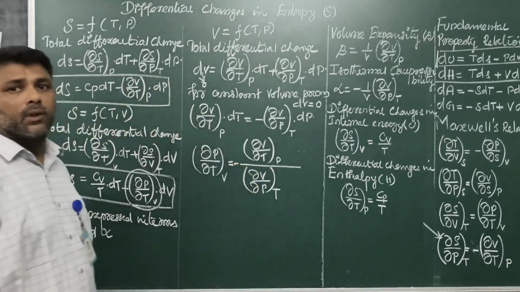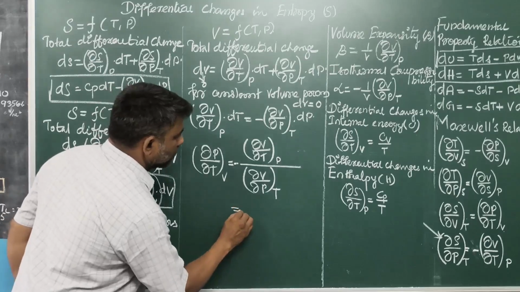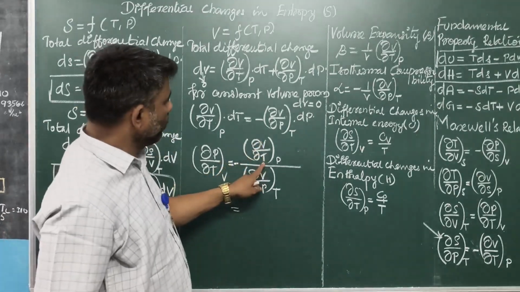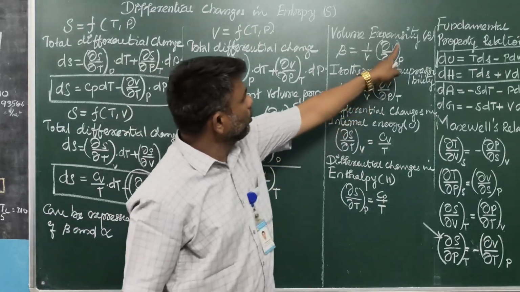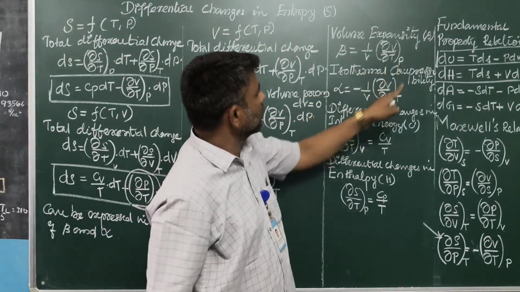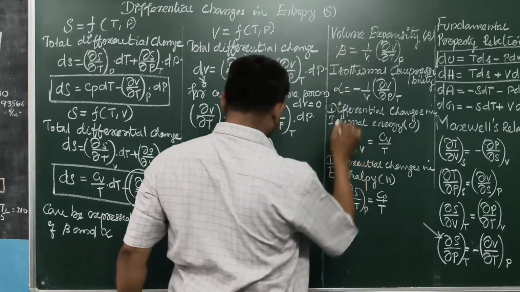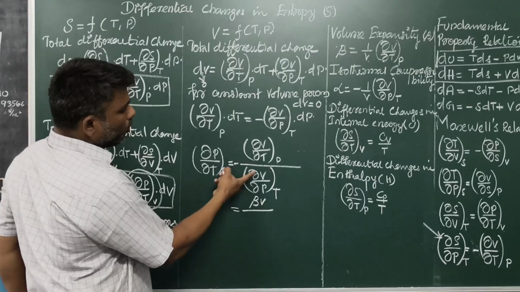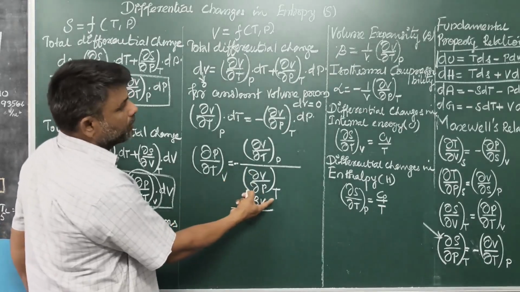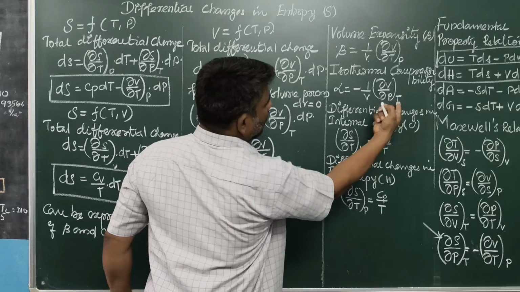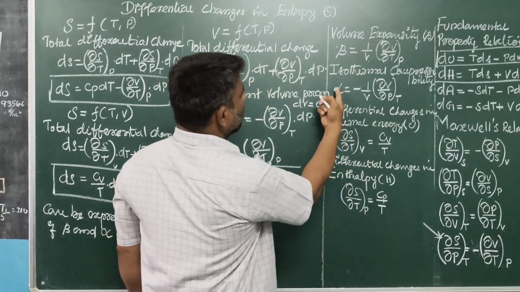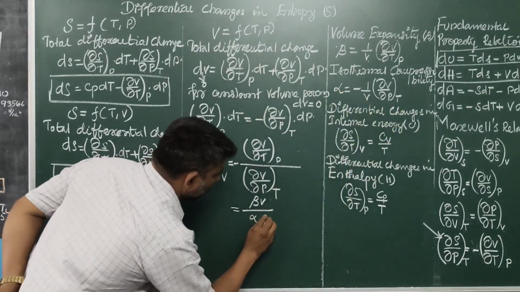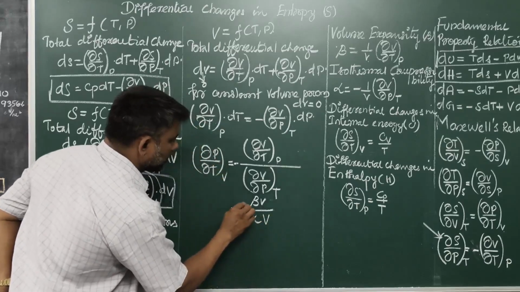Dou V by dou T at constant pressure is equal to beta into V, divided by dou V by dou P at constant temperature, which is equal to minus alpha into V.